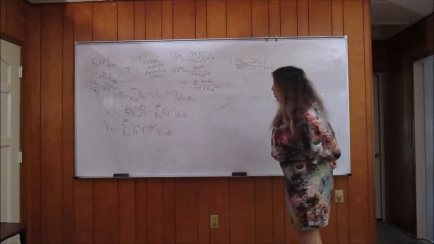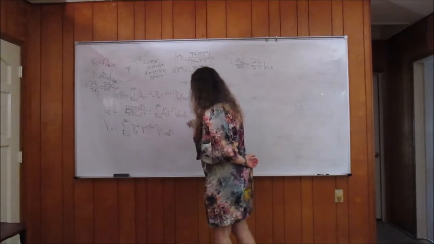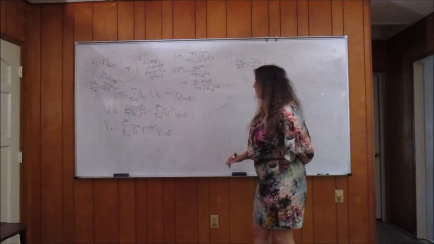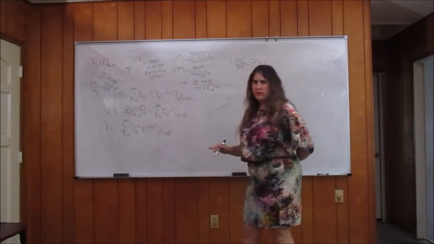So therefore, when I do the math, what I'll see is that because of the orthogonality of the Legendre polynomials, only one term is going to survive from this summation, and only one term is going to survive from that summation.